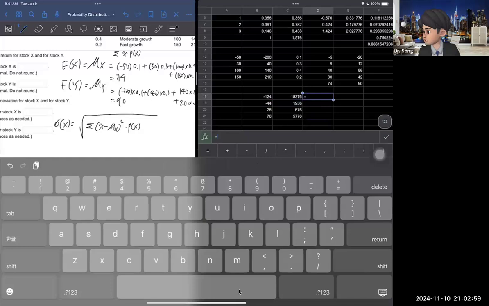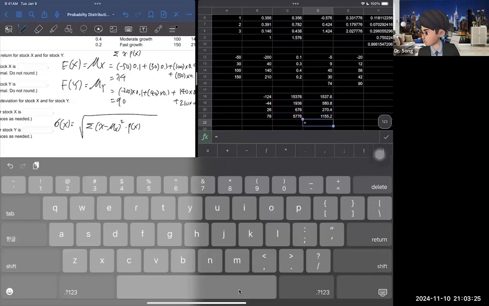I want to keep the number, but this time, I want to find the multiplication, this number times the probability 0.1. And then this number, 1936, times the probability 0.3. And you do the same thing, 676 times the probability 0.4. And then 5776 times the probability 0.2.